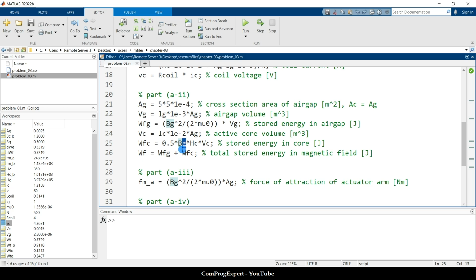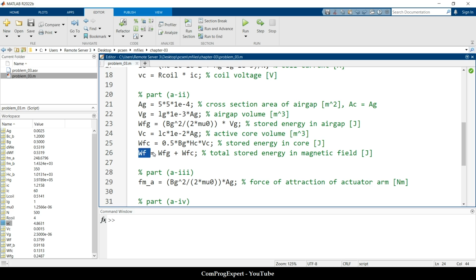You know that from chapter 1. Finally, we can calculate the stored energy in the core if we multiply it by the core volume. Core volume is the length of the flux path inside the core times the cross-section area, the active core volume.